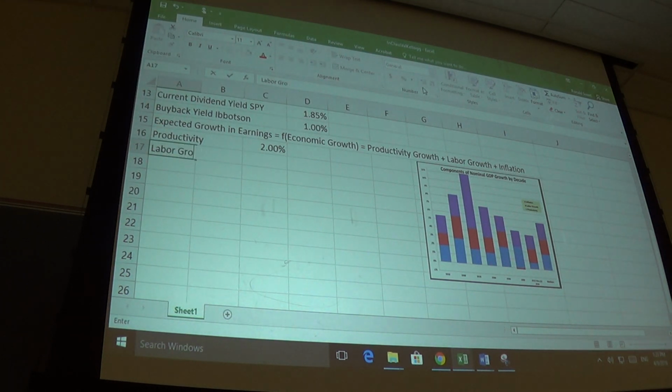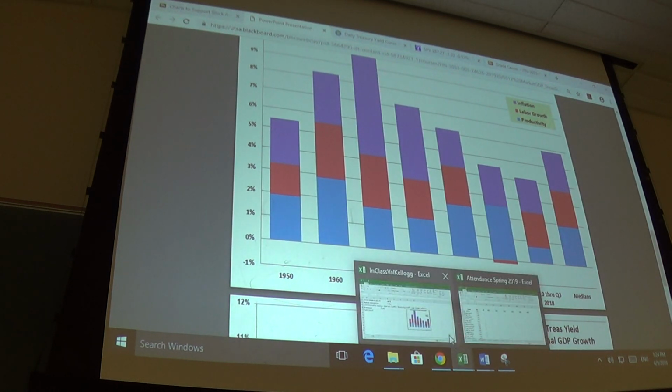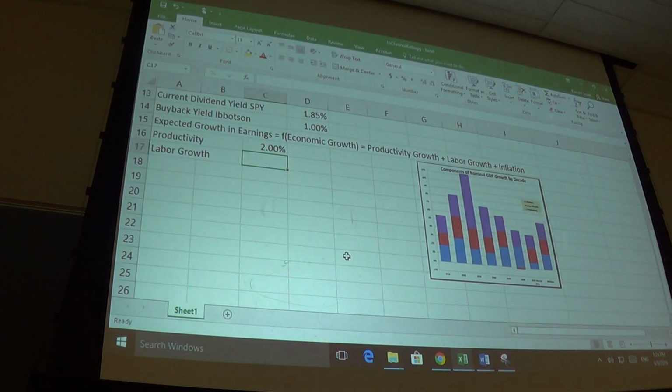Labor growth. You can see labor growth has been pretty hefty in the past. It was negative that decade. The long-term number for labor growth has been about 1.5%. The last 2 decades, it's been much lower than 1%. I may go with 1%, but we do know the baby boomers are retiring.